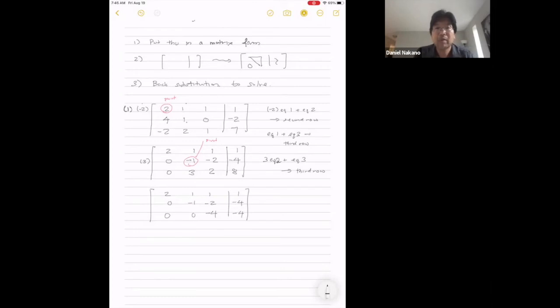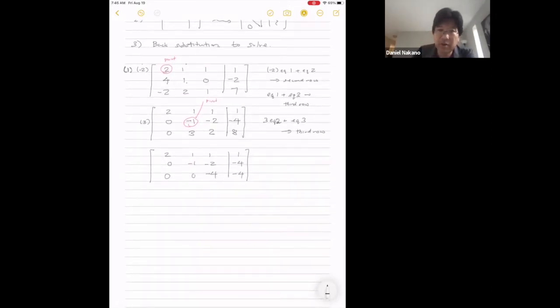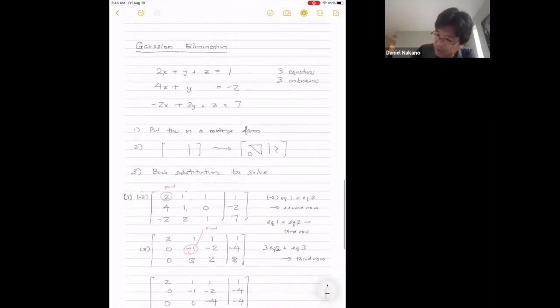Okay. Now, when we do this procedure, it turns out that the system of equations is the same. This equation up here is the same as the equation that we have here. So let me put a star here for this system of equations.